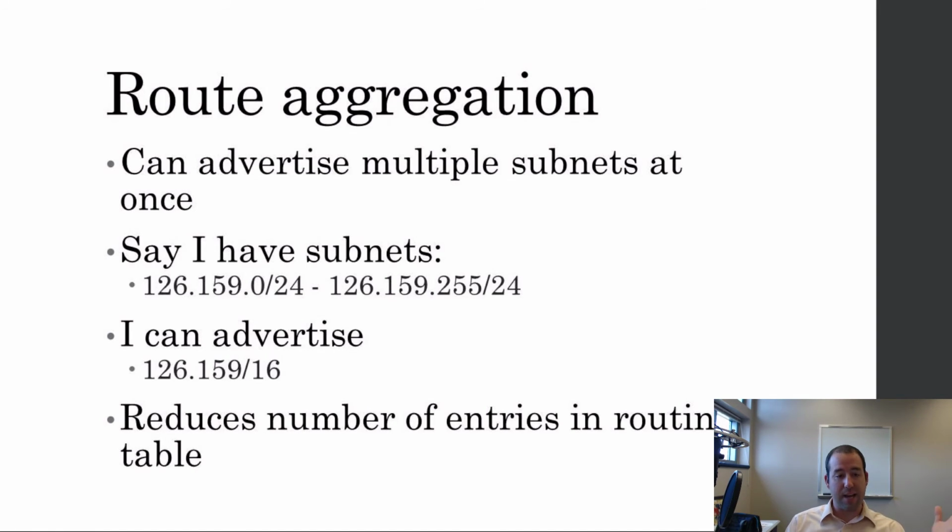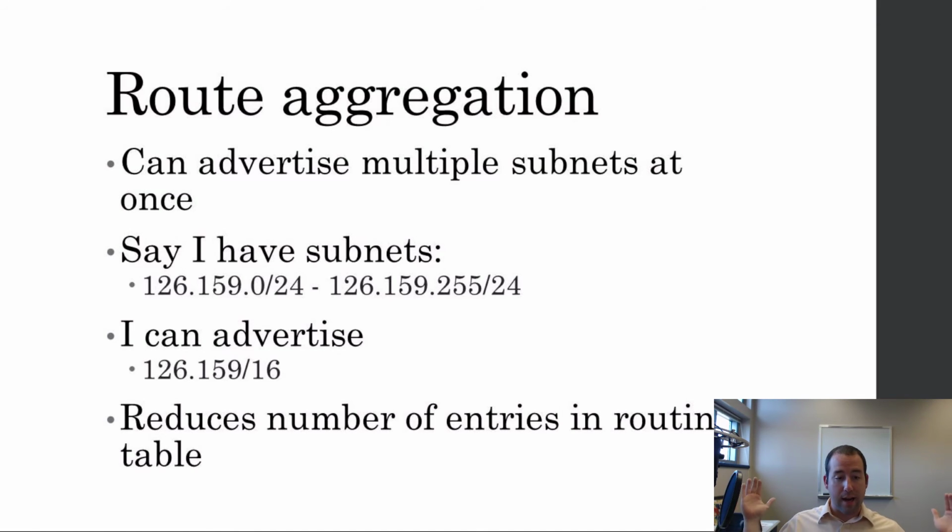So instead of saying, like here in this example, I have 126.159.0/24, which means all of the addresses that start with 126.159.0, all the way through 126.159.255. So I have all of the 126.159 networks, but that's divided into 256 different network IDs that each have their own stuff and they're all doing their own thing.